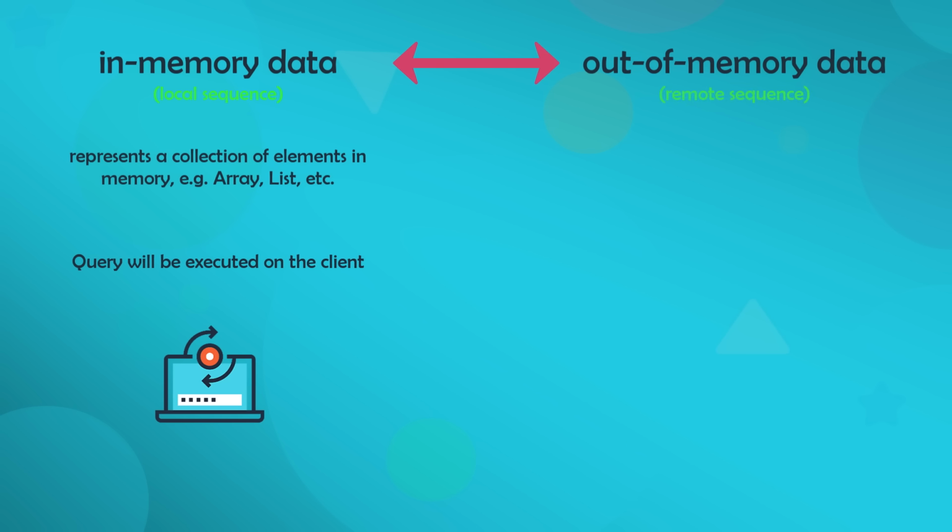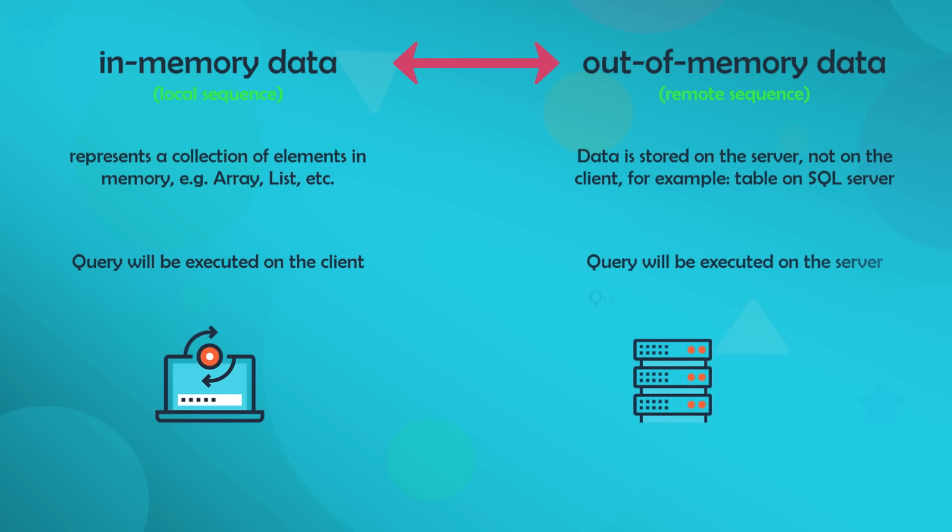We call it also a remote sequence. This means that we don't have the data on the client, but on a server, like a table on SQL Server. The query for this type will be executed on the server, but it can also be executed on the client. It's better to execute the query on the server. How does it work and what does it mean? You will understand it in the next video.